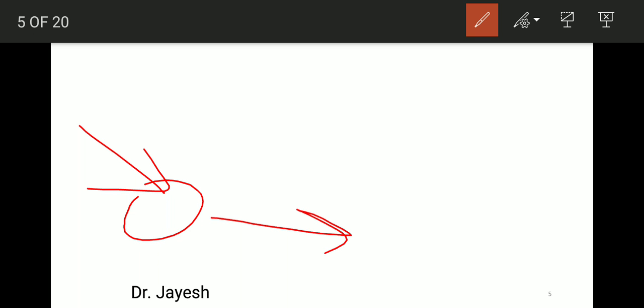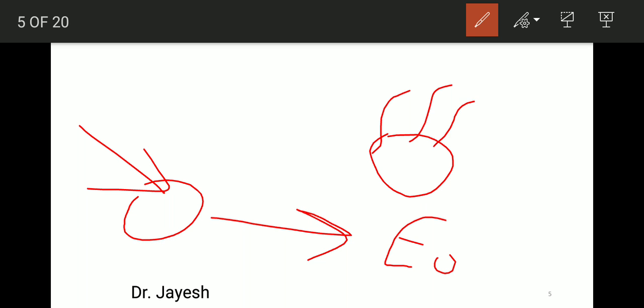See, this is the particle, light falls on the particle of matter. Initially they were in E0 state. When they absorb light, they go into excited state.